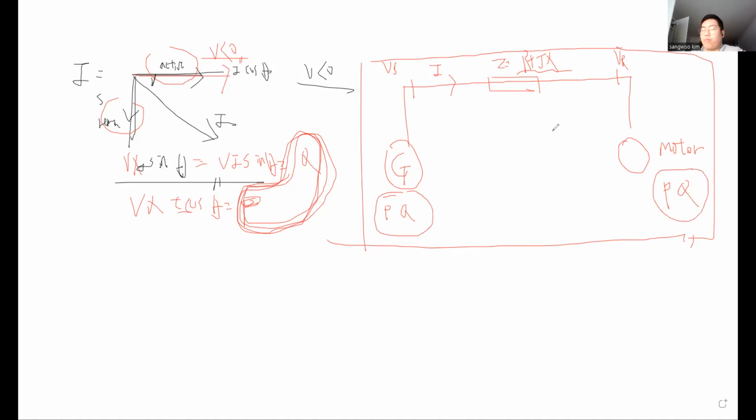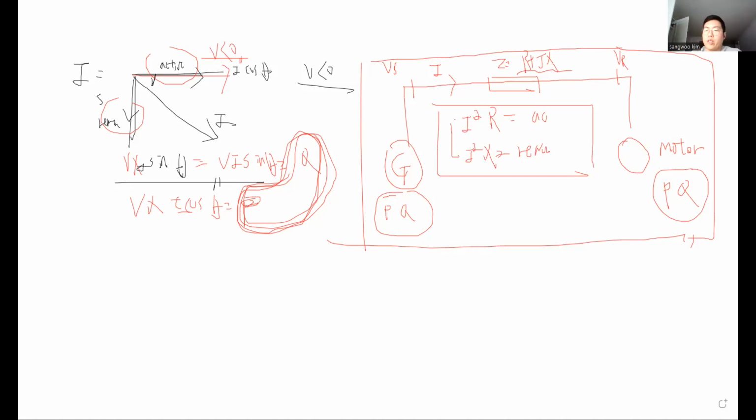But about the efficiency, look at that. We say generally the power loss: I squared R is the active power loss, and I squared X is the reactive power loss. Loss means that on the way, because of resistance, it's just gone.